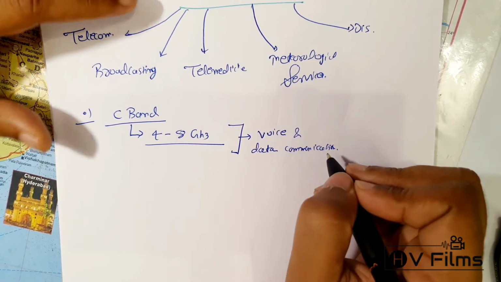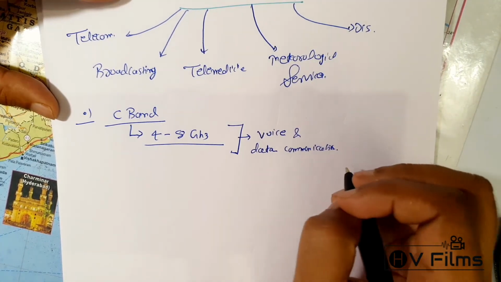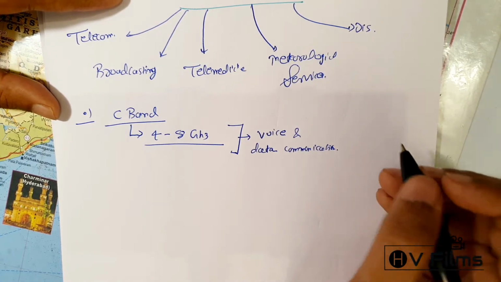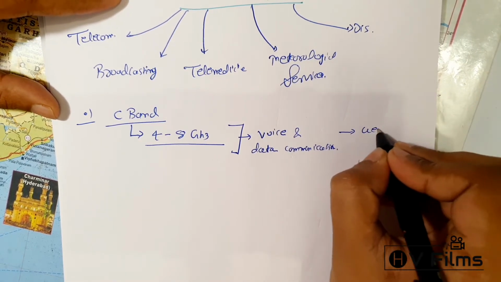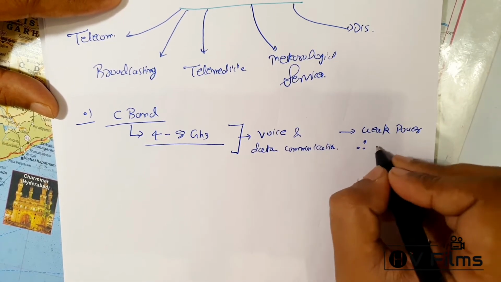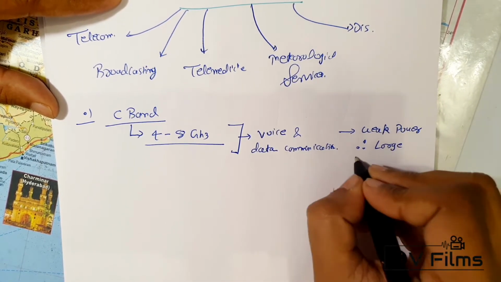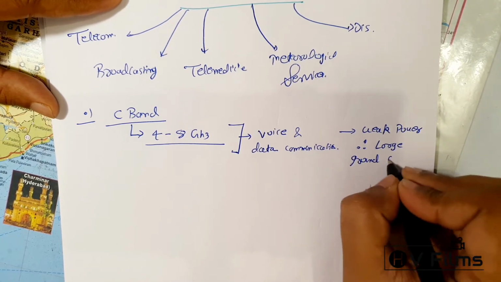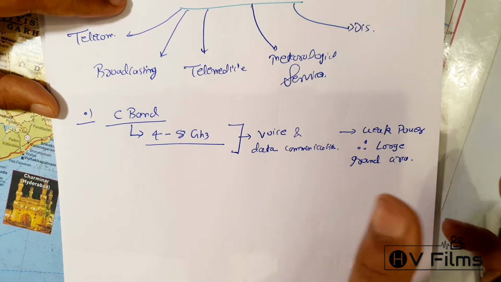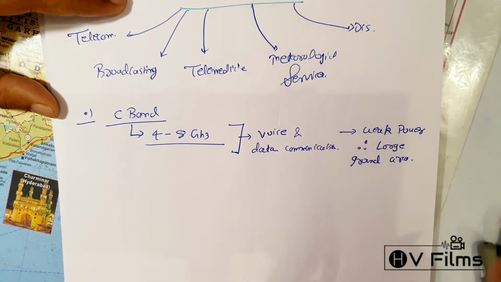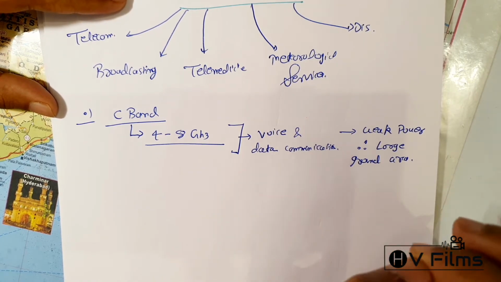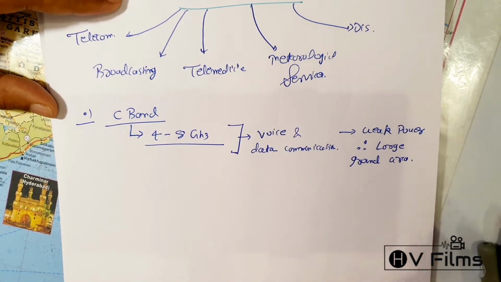And because of its weak power, it requires a larger ground area. So remember this thing, it has a weak power, so therefore large ground area is required, which means the size of the antenna would be pretty large, and it provides a lower transmission power over the wide geographic area. So this is the only thing you need to remember about the C band.